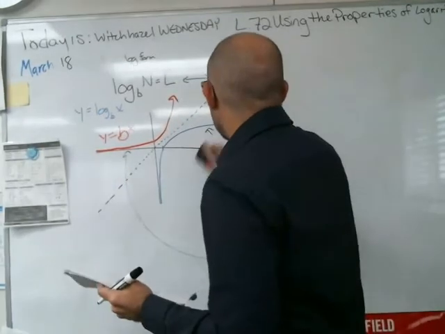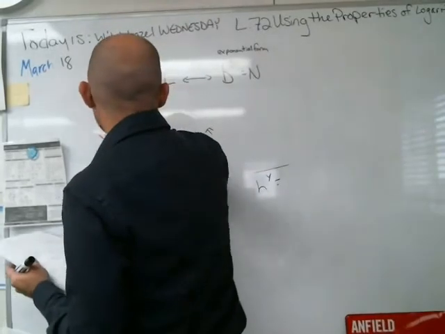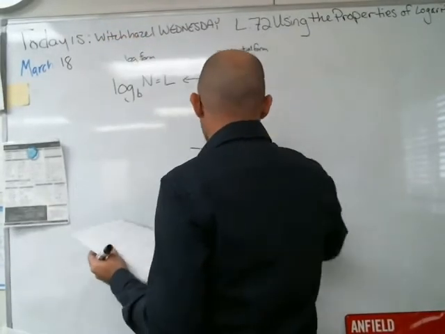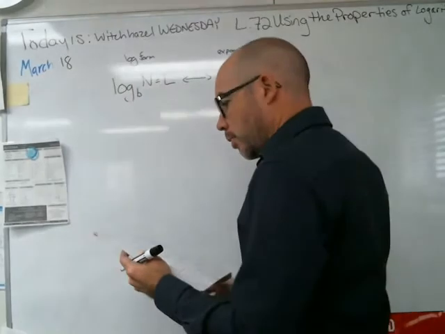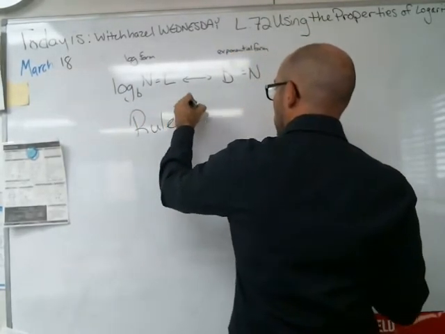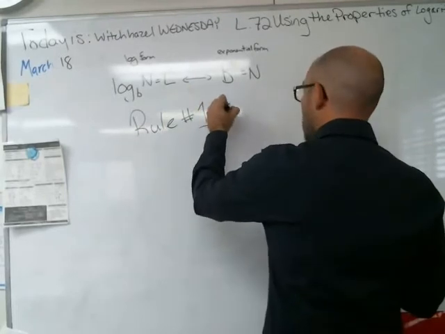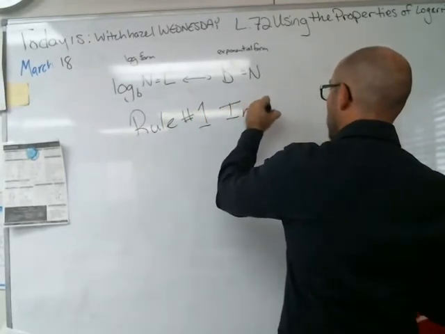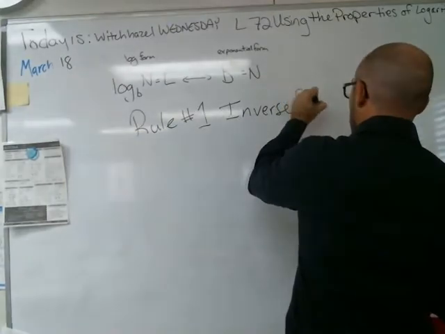I'm going to get rid of the picture here. Now we're just going to deal with the actual math problems. Rule number 1, the inverse property.